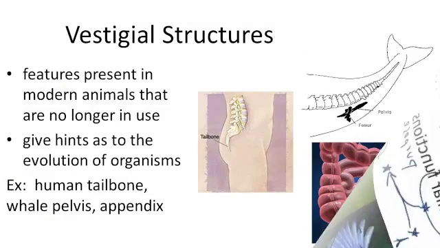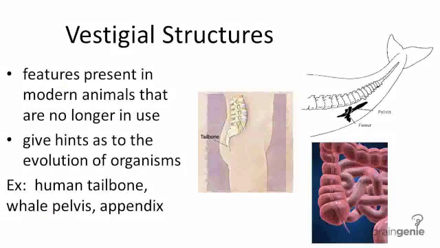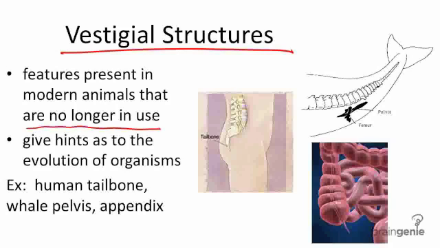Good luck. One major piece of evidence for evolution is something known as vestigial structures. Vestigial structures are basically any structure in an organism that is no longer functional, not functioning as it once had, or perhaps unnecessary.